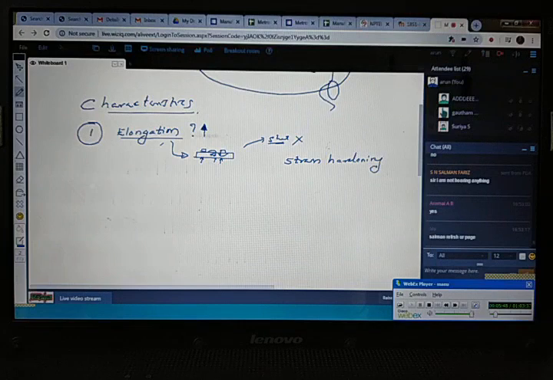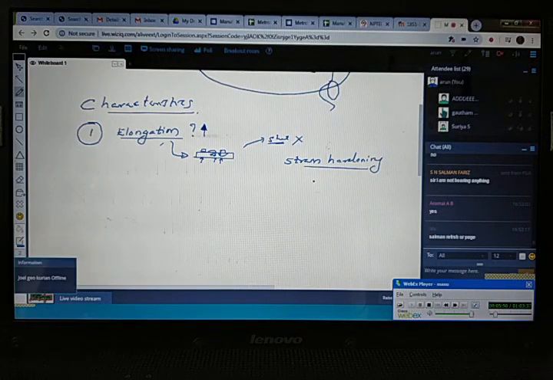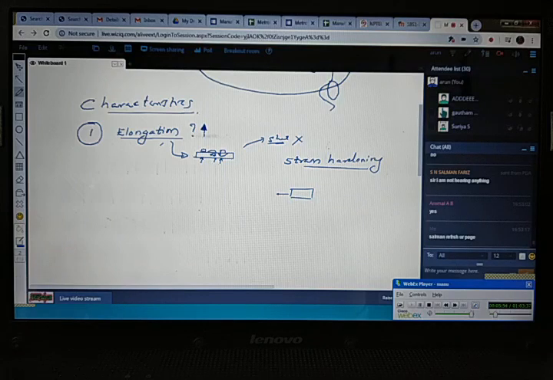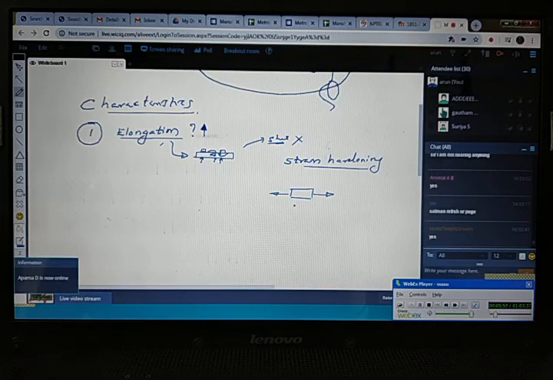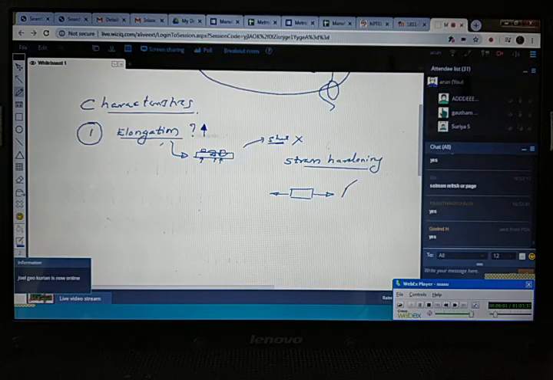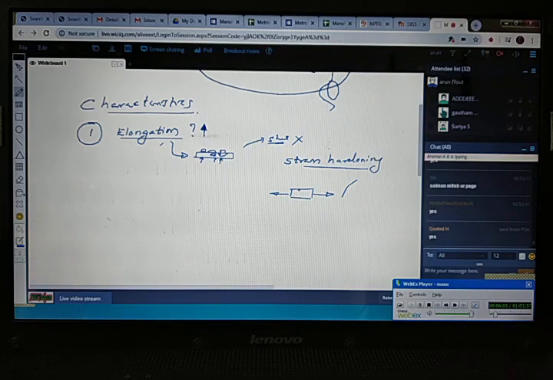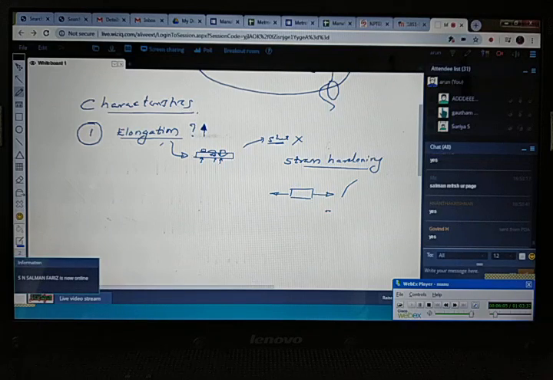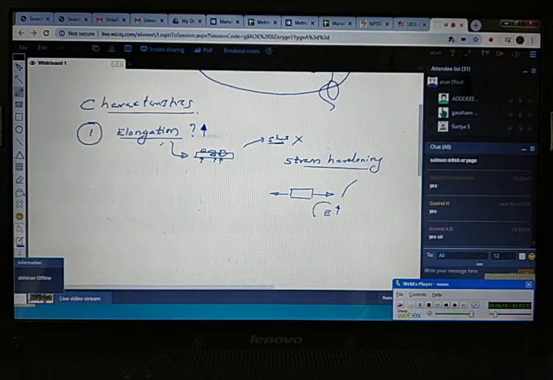The elongation can be improved by strain hardening, which you already learned in the previous semester. When a material is subjected to tensile load beyond the elastic limit, it undergoes plastic deformation and is released. If the same material is again subjected to tensile load, the elasticity improves.